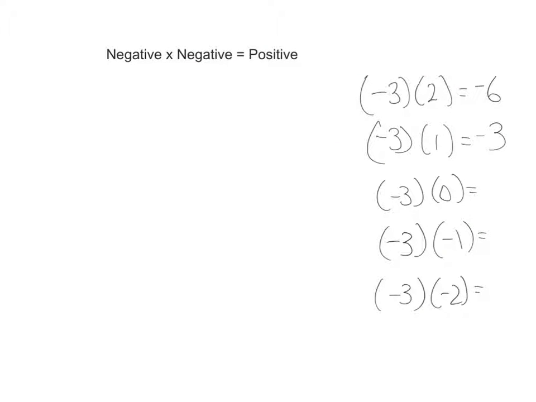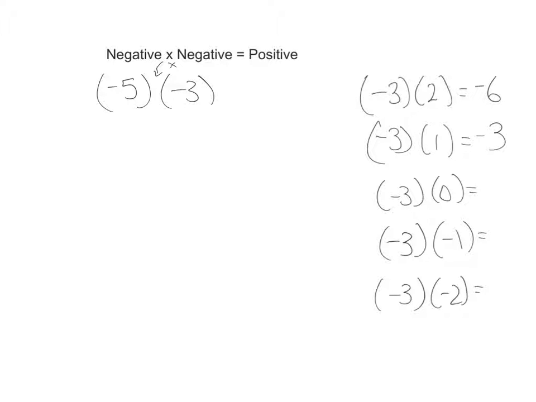Now let's move on to the next thought. A negative times a negative is a positive number. And now this might seem really weird. We're going to multiply things like negative 5 times negative 3. This time, because we're using brackets, most mathematicians wouldn't write the multiplication sign in between.